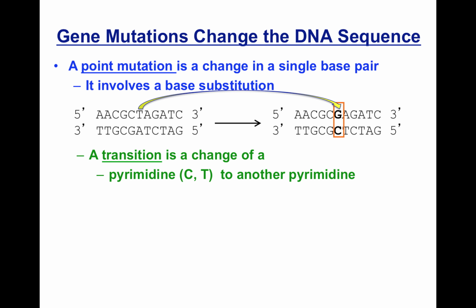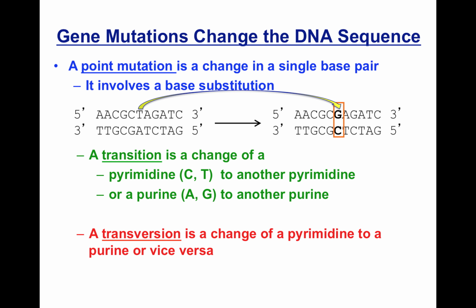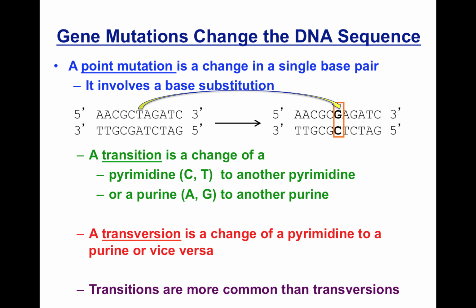Transitions are changing a pyrimidine to another pyrimidine or a purine to another purine. Transversions are changes from a pyrimidine to a purine, or a purine back to a pyrimidine. Transitions are much more common than transversions. Transversions are not so common.